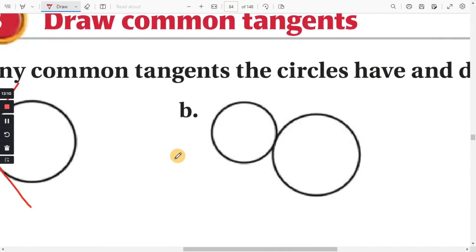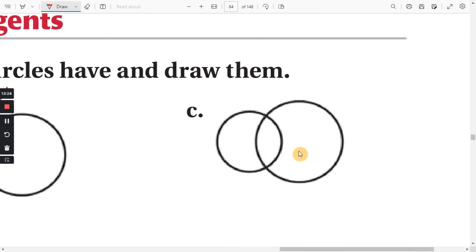If you look at B, these circles are next to each other, so it has to be one line, and I drew it crooked, but one line right through the center. So I think this is just 1. And problem C, I could draw one like that, and I can draw one like that, and I think that's it, so I'm going to say 2.